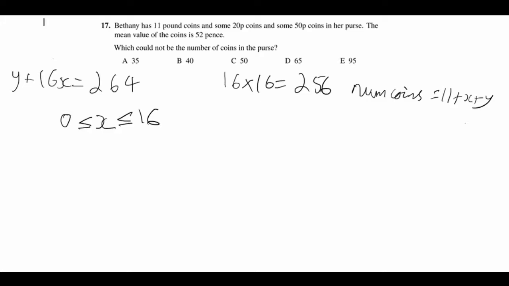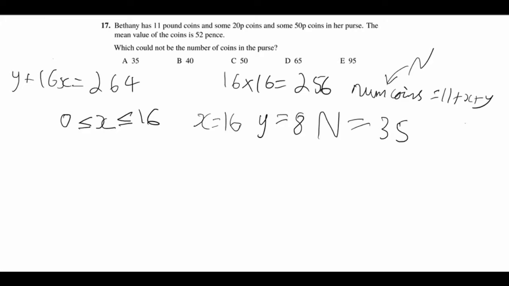So let's say x was equal to 16, then that means y must be equal to 8. And so the number of coins, which I'm just going to call n, must be equal to 11 plus 8 plus 16, which is equal to 35.